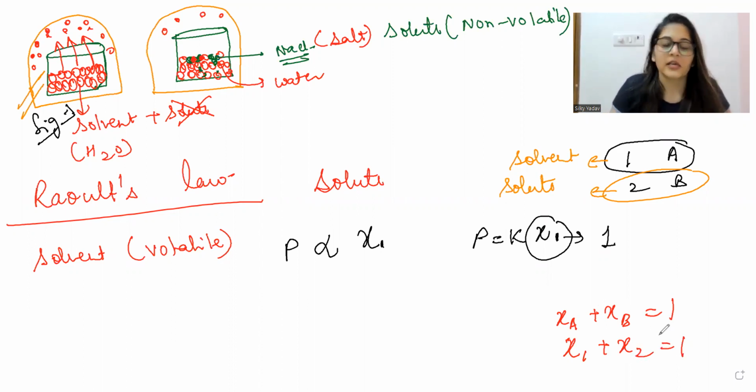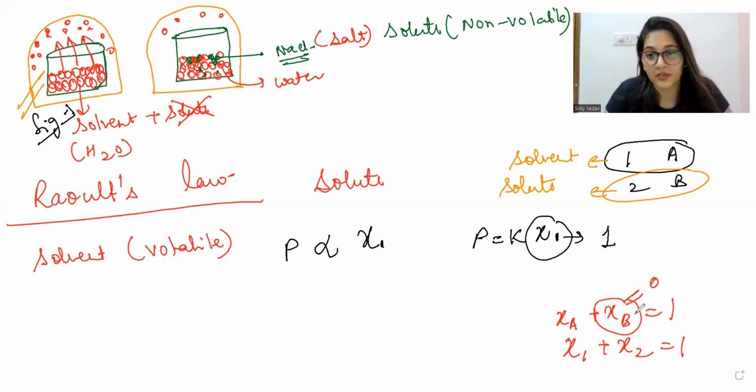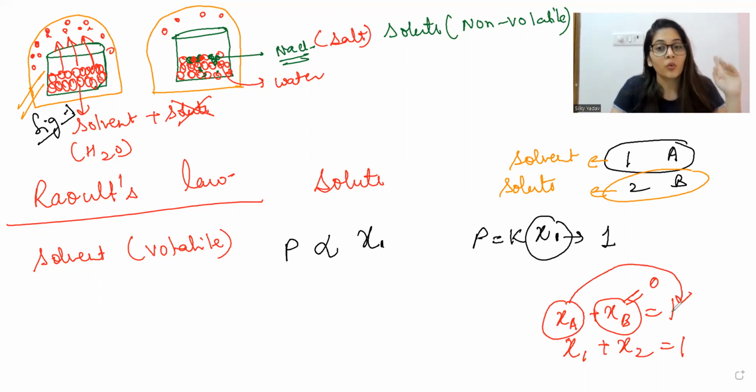And this mole fraction of A plus mole fraction of B will be 1, because mole fraction always starts from 1. So if B is not present, this is 0. B is not present means solute is not present. If solute is not present, that means only one thing is there, that is solvent. So x is equal to 1, right? That means I can put this mole fraction as 1.